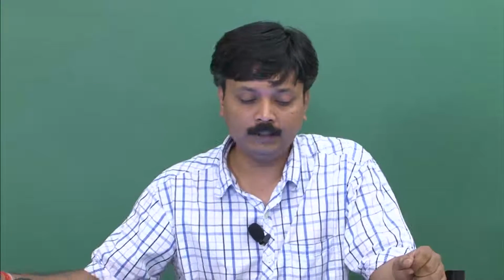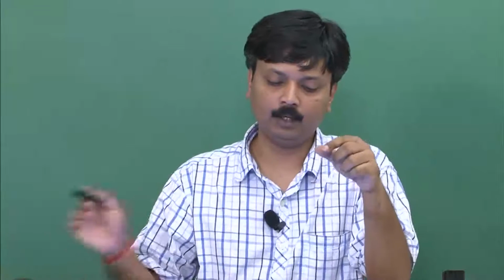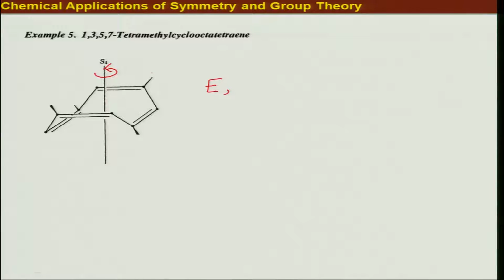By something else, what I mean is an improper axis of symmetry, which is indicated here. Rotation about this axis by 90 degrees followed by a reflection perpendicular to this axis will give you an indistinguishable structure. You can just verify that one. If I put a star on this particular methyl group, then a 90 degree rotation will take it to somewhere here.